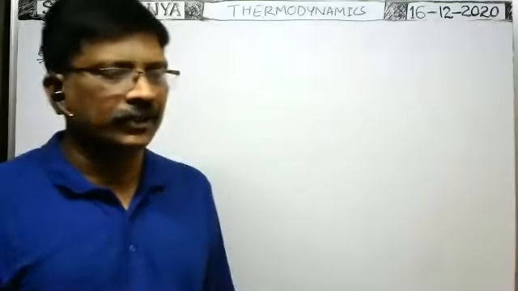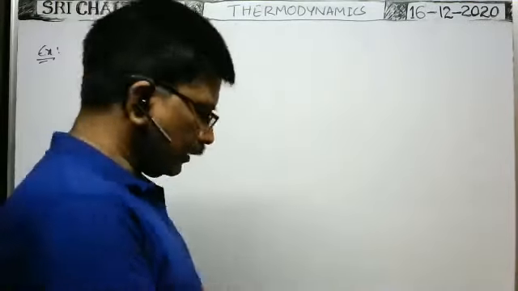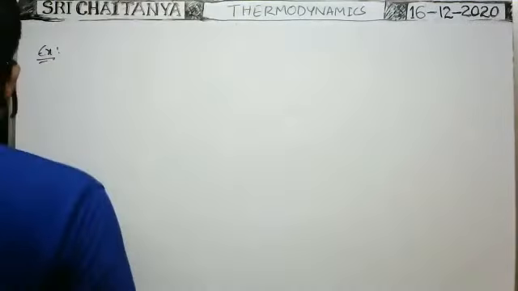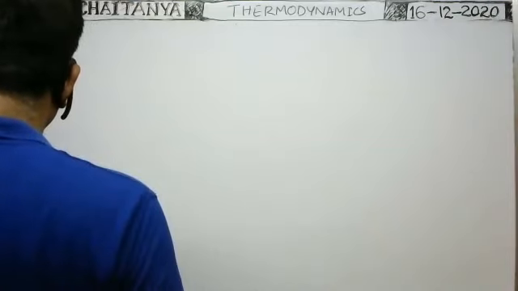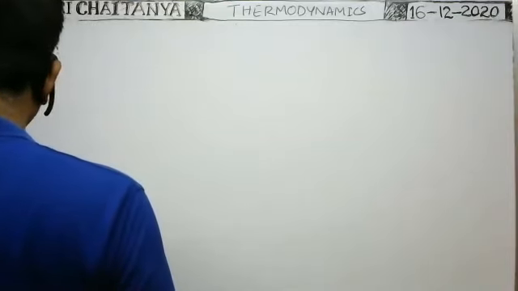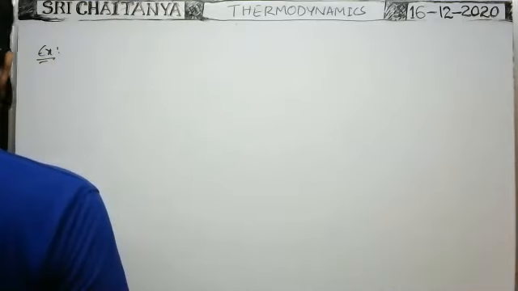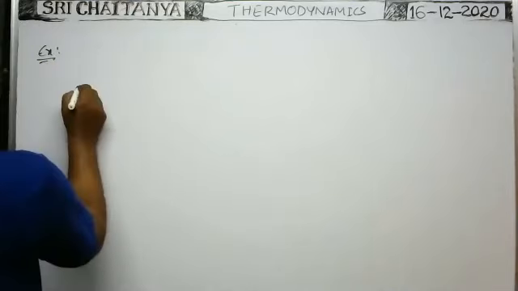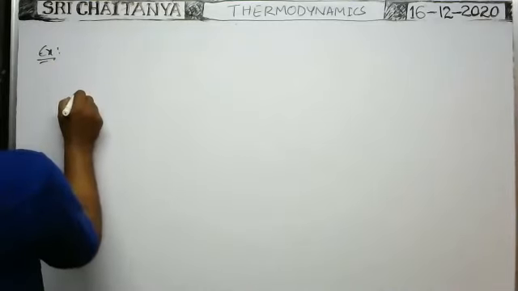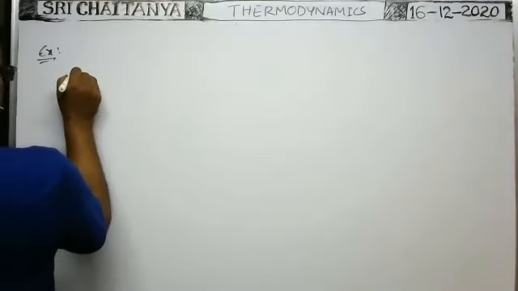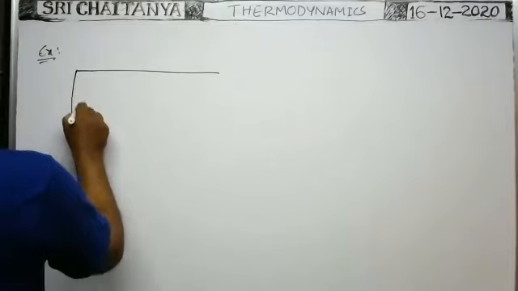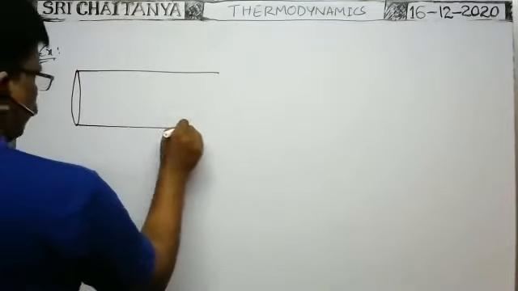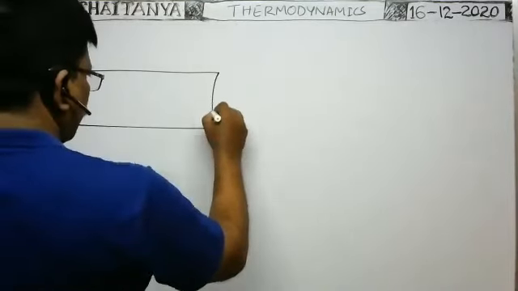Application: in a cylindrical vessel, an ideal monatomic gas is confined in a horizontal cylinder by a spring-loaded system as shown in the figure. Here there is a cylindrical vessel.